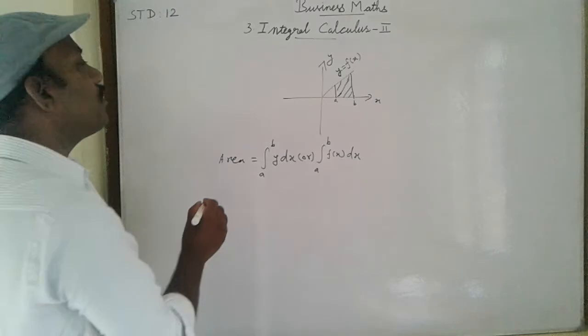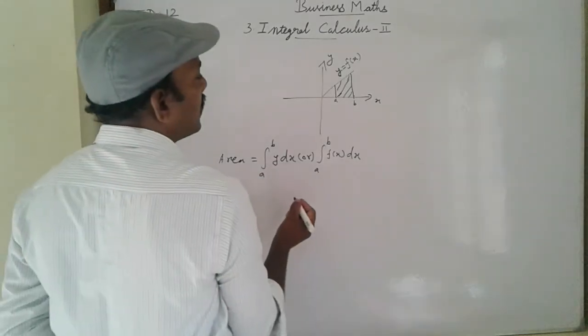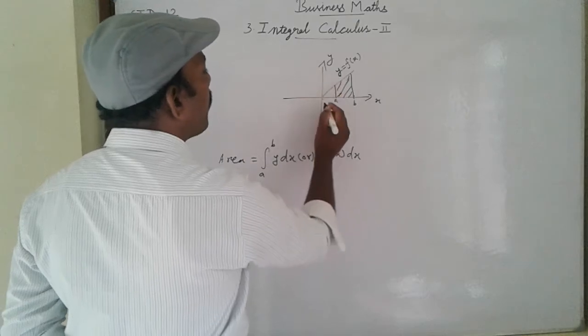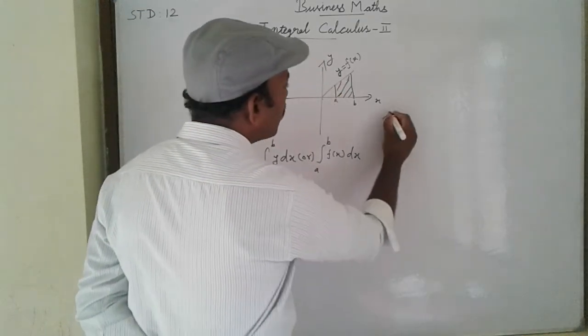Next, suppose the area is below the x-axis. This is another graph.